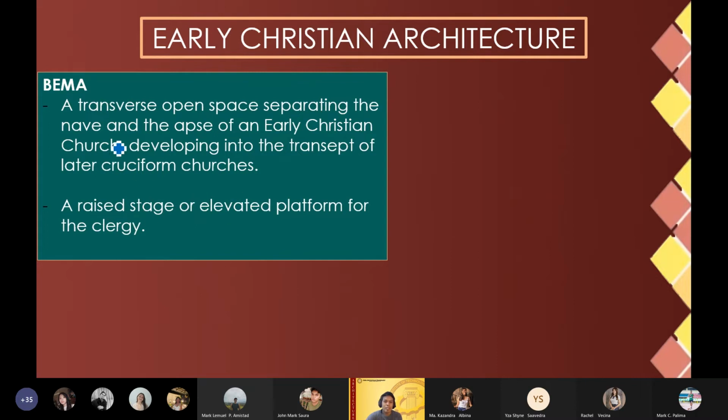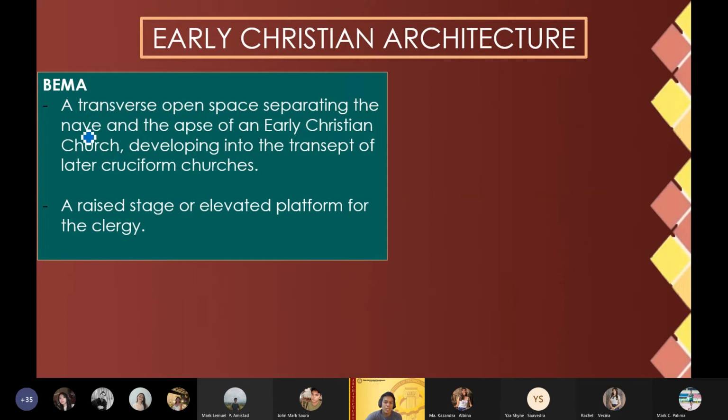But in the Visual Dictionary of Architecture, if you search bema, it is a transverse open space separating the nave and the apse of an early Christian church, developing into the transept of later cruciform churches. So the meanings differ.